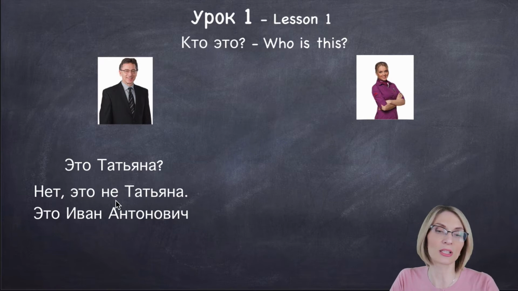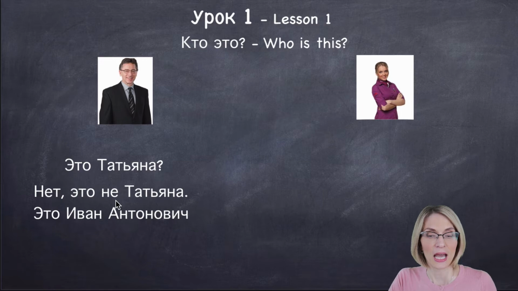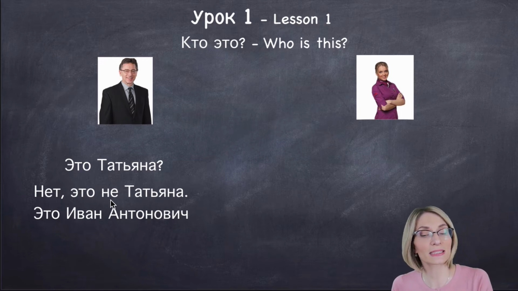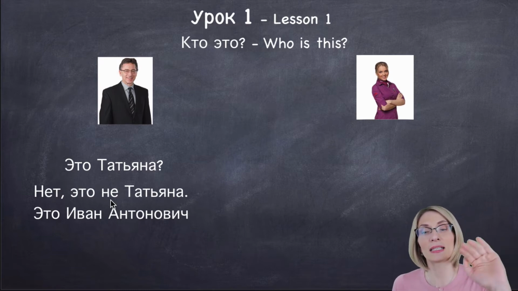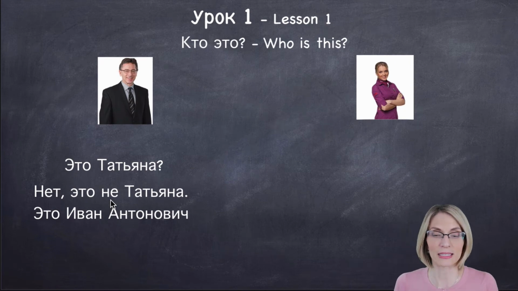You want to say it's not Tatiana, не Татьяна. And notice how I connect it together with the next word. Не Татьяна. Нет, это не Татьяна. Это Иван Антонович.